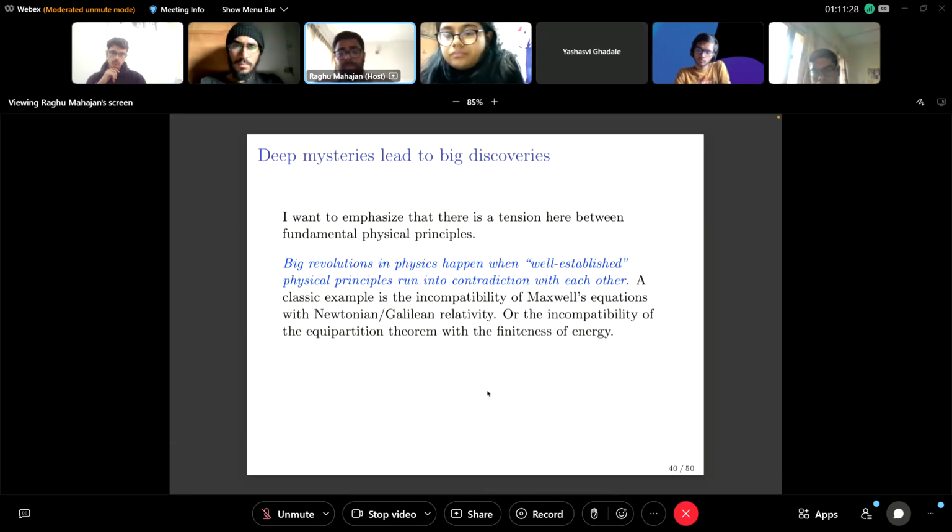A classic example is the incompatibility of Maxwell's equations with Newtonian relativity. This incompatibility of Maxwell's equations with Galilean relativity led to special relativity, which Einstein discovered. Or the incompatibility of the equipartition theorem with the finiteness of energy led to quantum mechanics.